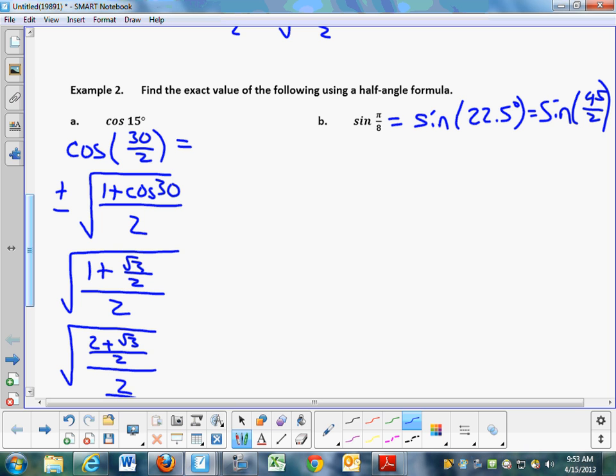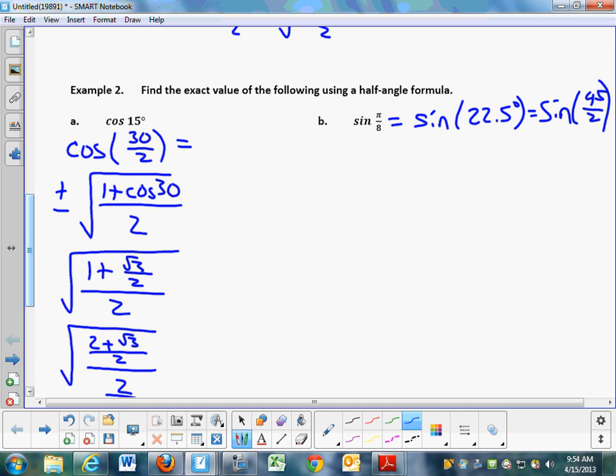We can rewrite that as 45 over 2, so that way we have a known angle. Again, we always want to make sure that we have a known angle. In this case, we do. Now, 22.5, could you have used a sum and difference formula to calculate that? No, you couldn't. You would have to rely on a half angle formula. So that's why it's important to know those as well. So we're going to utilize that now.